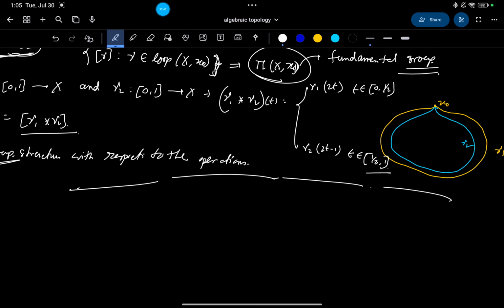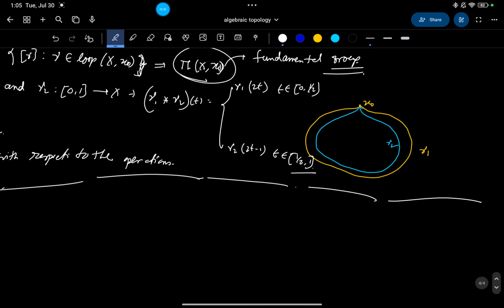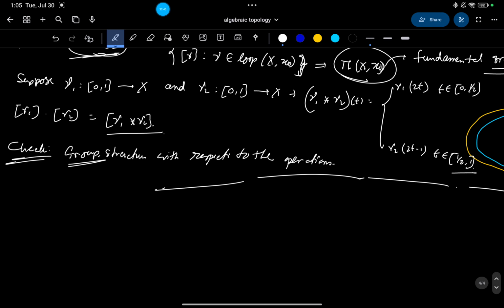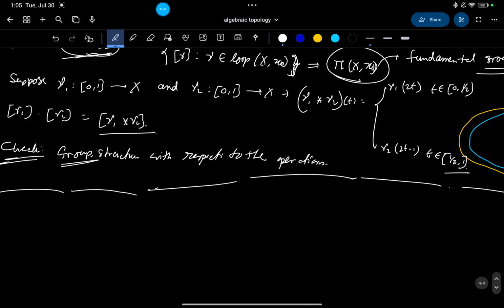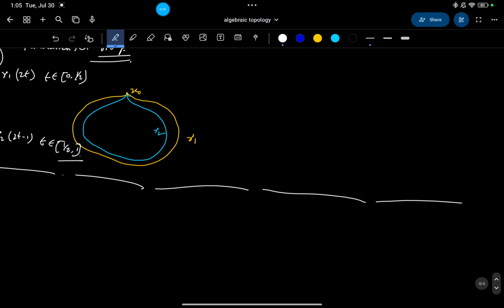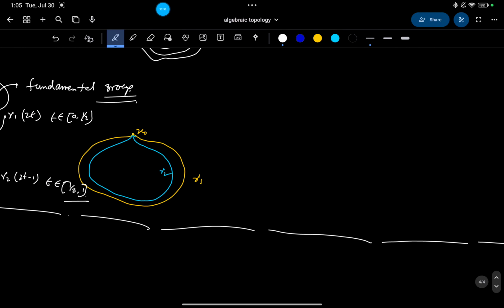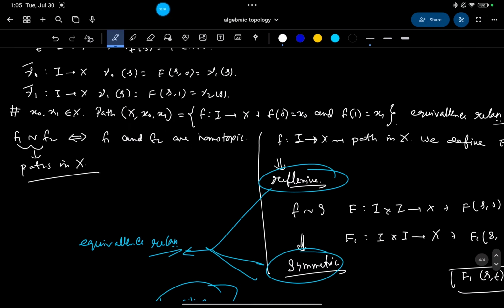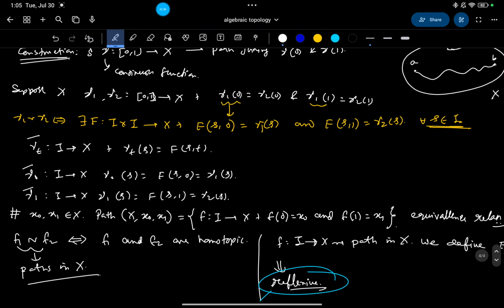In the next lecture we will find out how to define the group structure on the fundamental group. I hope you have understood this lecture. Just go through whatever you have studied in the last sessions as well as in this session. We will continue in the next lecture, where I will show how to prove that this is a fundamental group. Alright, thank you very much.